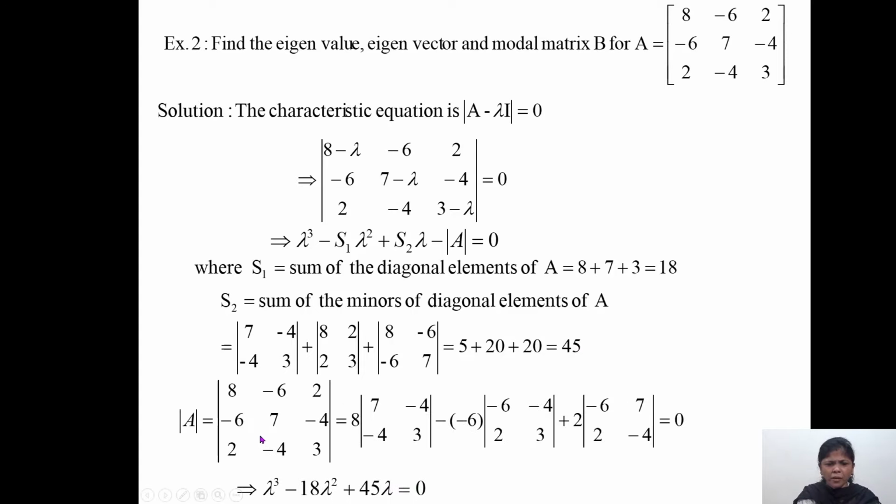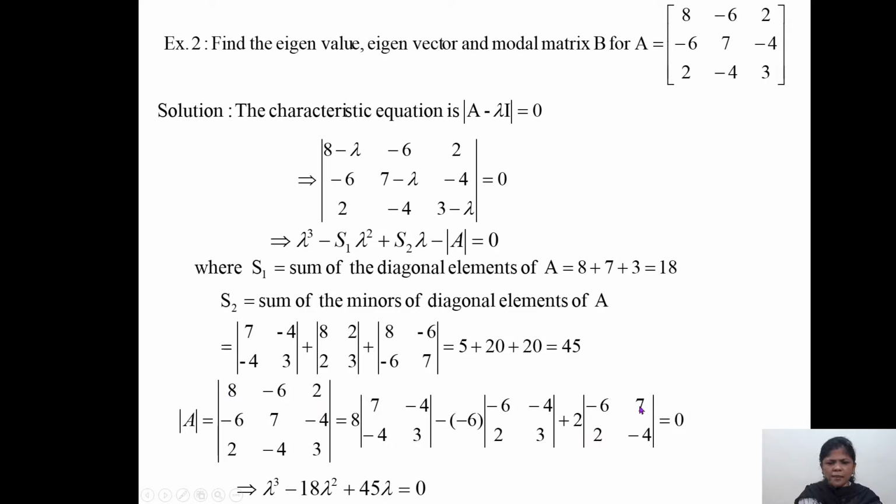Next we will find the determinant of A. So how to simplify? 8 into this determinant. Next, minus of the next element in the first row, that is minus 6. Again find its minor, plus 2 into the cofactor corresponding to this 2.